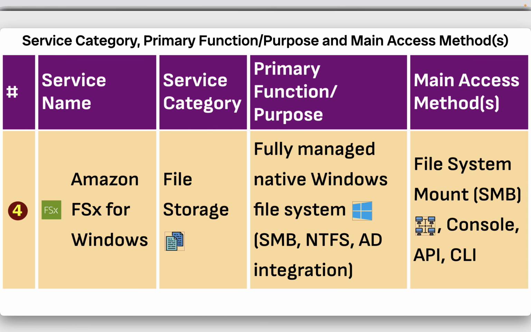Next, Amazon FSx for Windows. Category is file storage. Function, it's a fully managed native Windows file system and it offers SMB protocol, NTFS and AD integration support. Access types are file system mount through SMB and you can access via console, API and CLI.